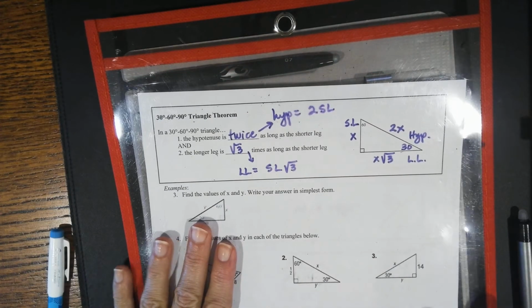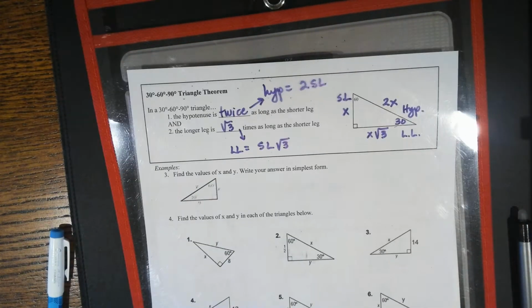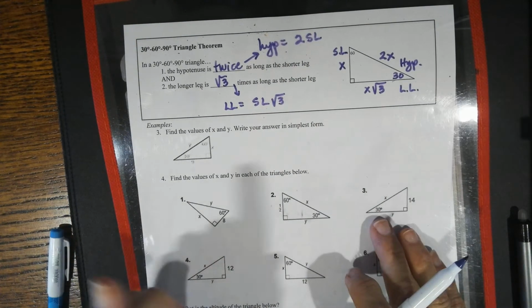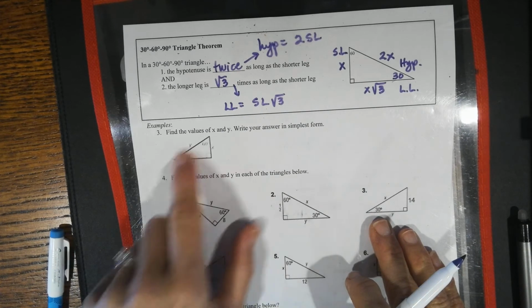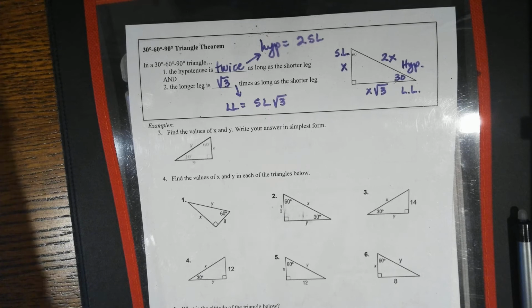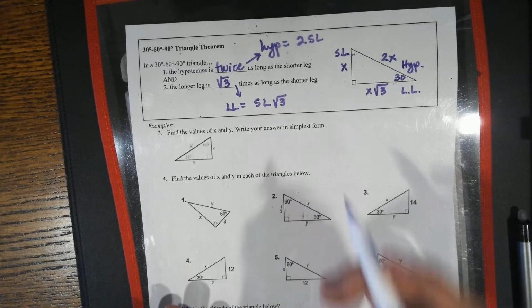If that helps you remember how to do them, absolutely use that for sure. So what we're going to do for each one of these, again, we're going to practice these. I'll show you a few, and then I'll ask you to volunteer. Find the values of x and y. Write your answer in simplest form.